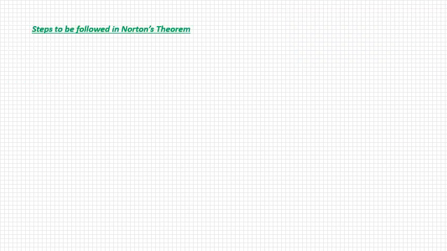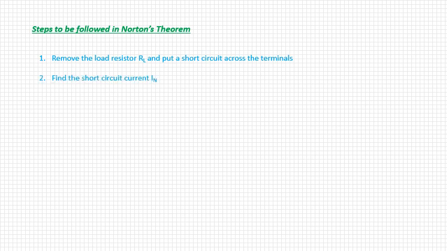Then the steps to be followed in Norton's theorem. First step is to remove the load resistor RL and put a short circuit across the terminals. Second step is to find the short circuit current IN.